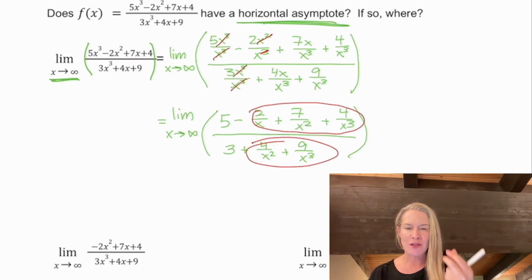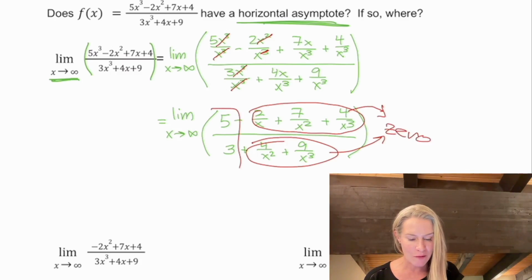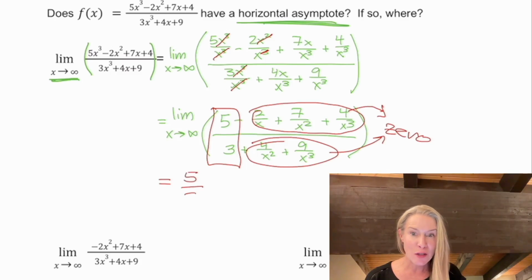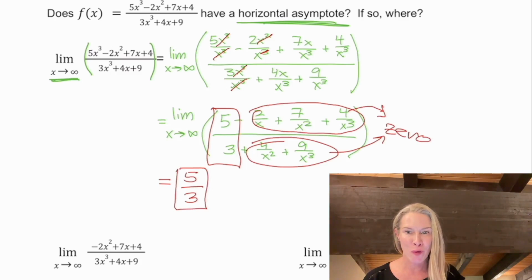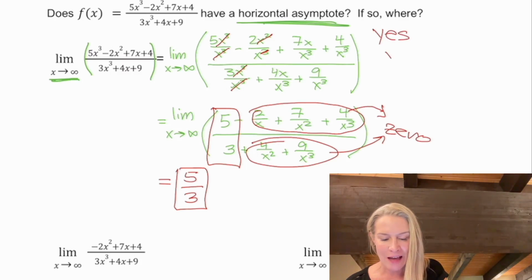X is going to infinity, so they're each a number over something gigantic. In each case, each of those fractions are heading towards 0. And what I'm left with is 5 over 3. So my overall limit is equivalent to 5/3. So does my function have a horizontal asymptote? Yes, it does, and that asymptote is at y equals 5/3.